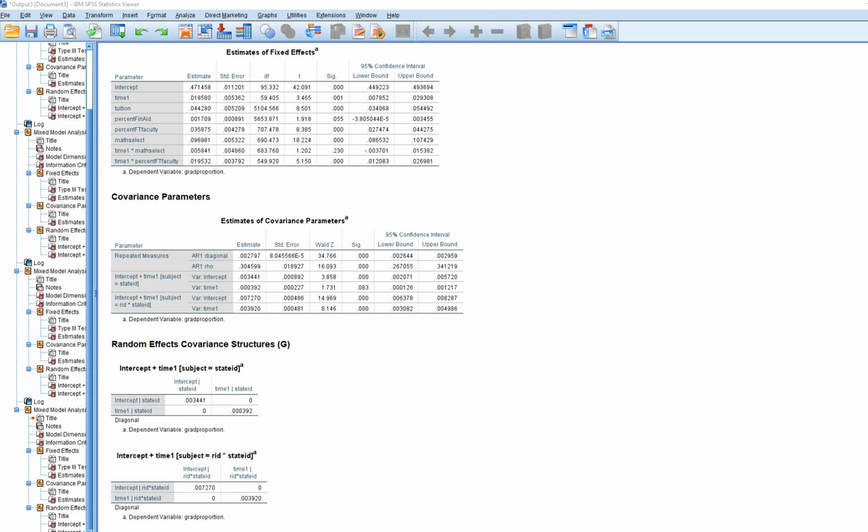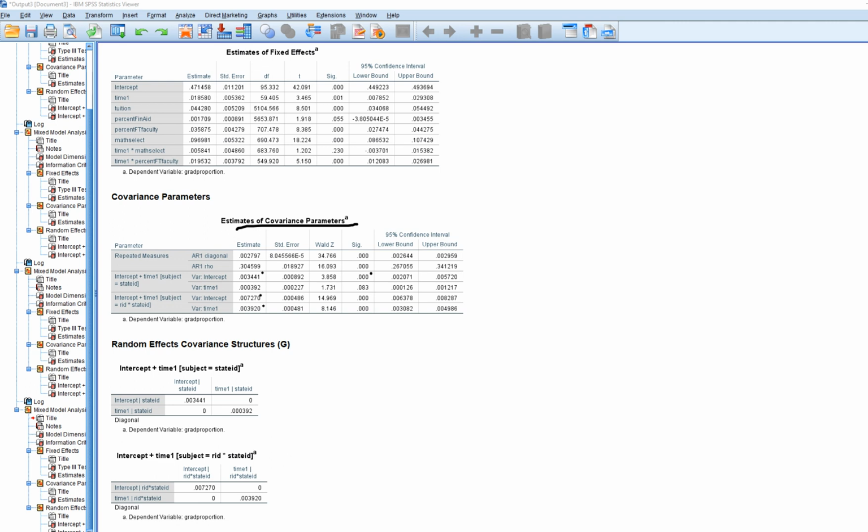So looking at our estimates of covariance parameters, we see that we still have significant variation in intercepts and slopes across the institutions, and then across the states, we still have a significant variance component for the intercepts.